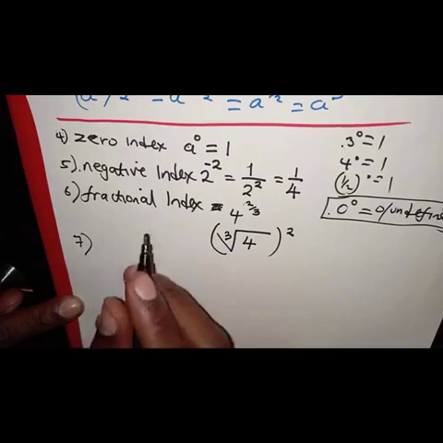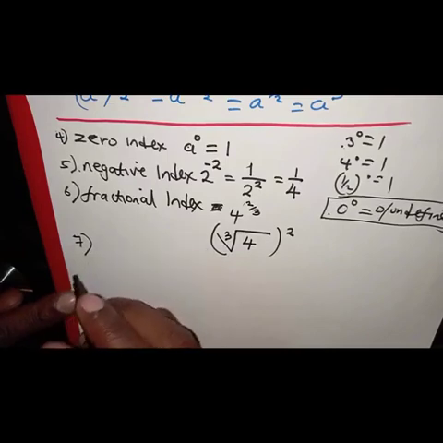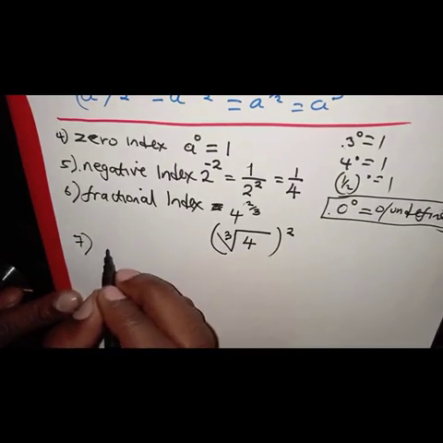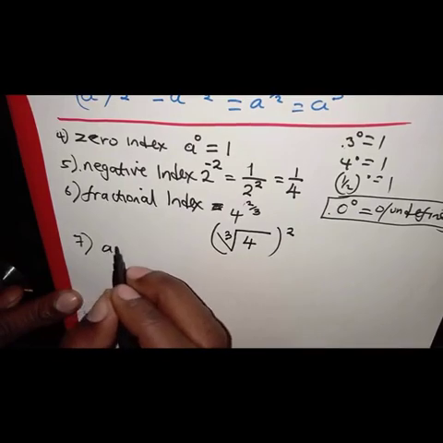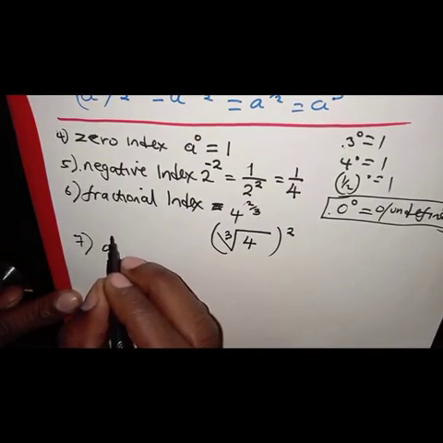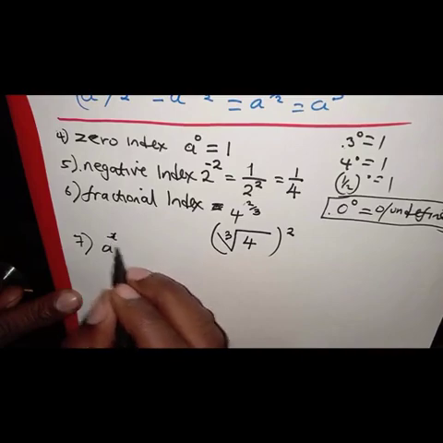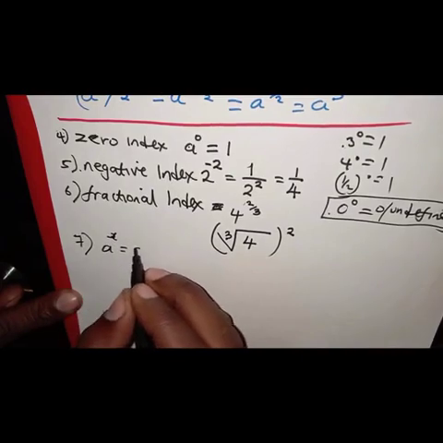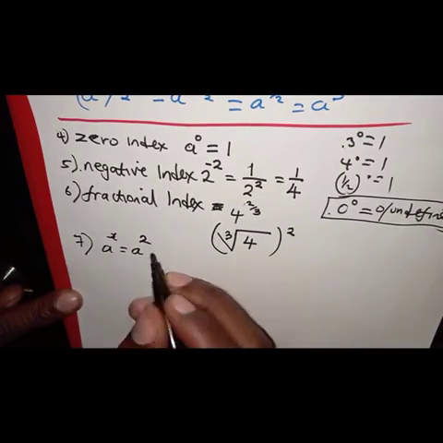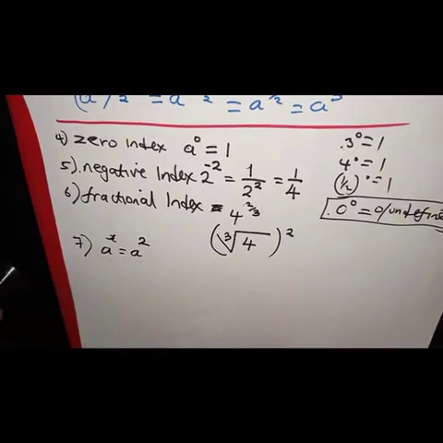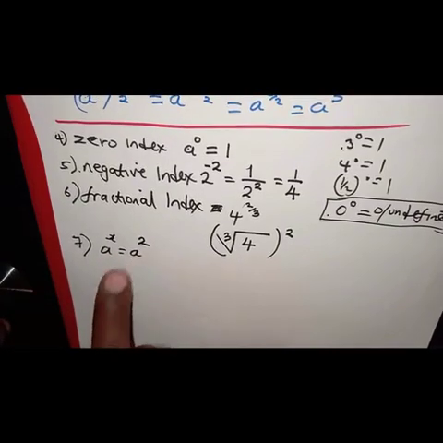Then maybe another concept. So these now they form under equations. For example, whenever you have a to the power x is equal to a to the power 2. For this concept, these are called equations involving indices.